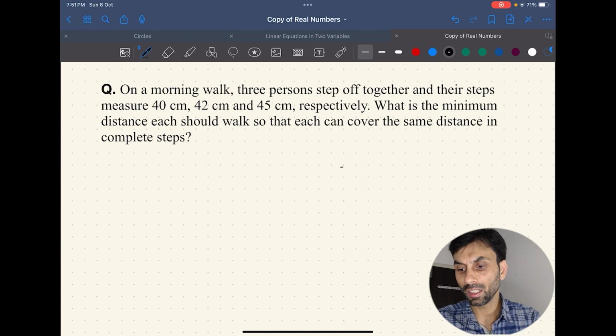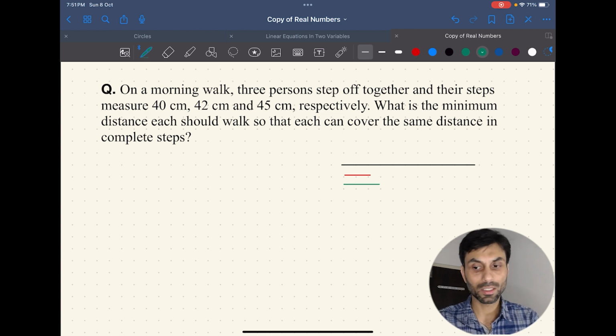What we can understand here is that between two points, one person takes 40 centimeter steps, another takes 42 centimeter steps, and the third takes 45 centimeter steps.